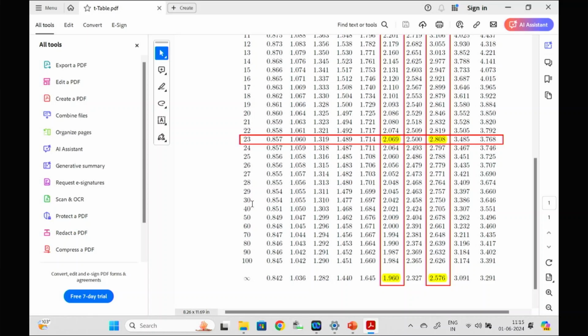But for textile material we generally assume that 30 is a large sample, where we consider the degree of freedom as infinite.